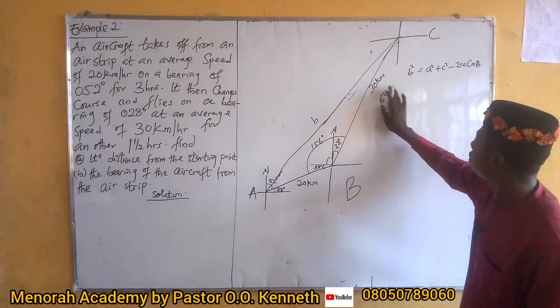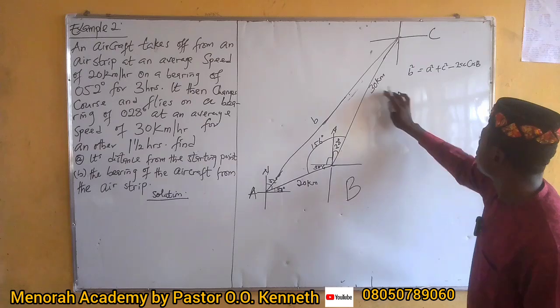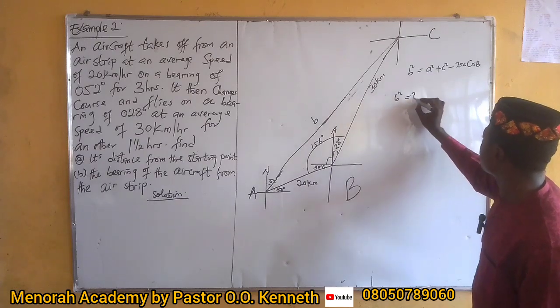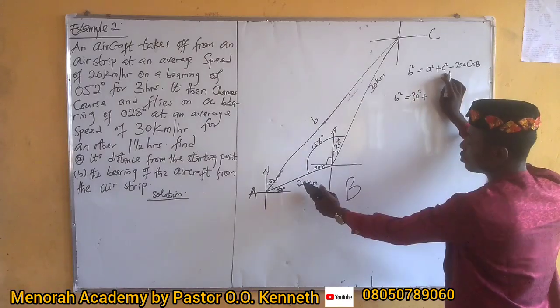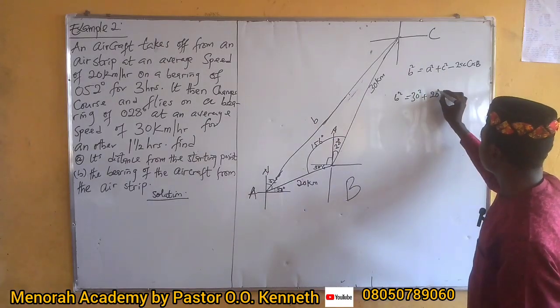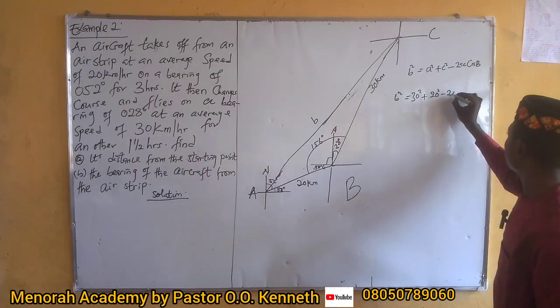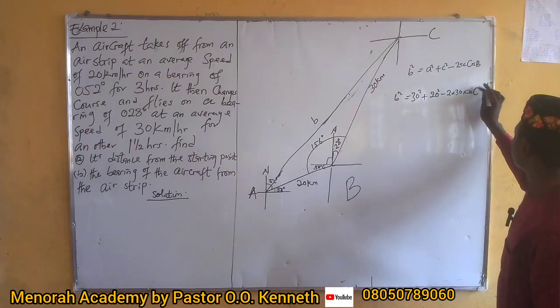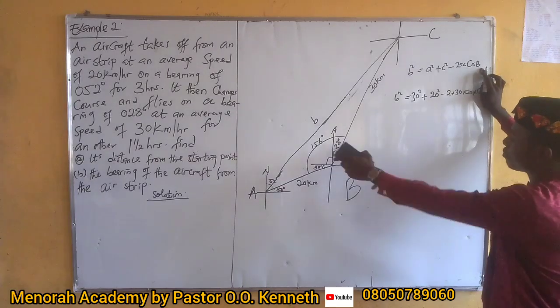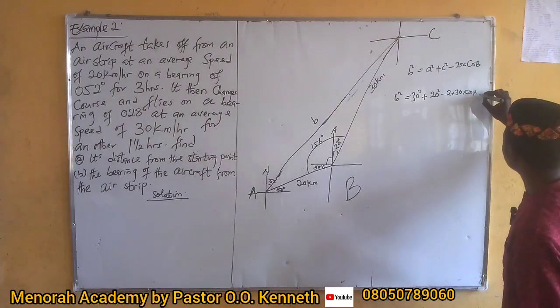Opposite of A is 30, so that is 30 squared. Then plus c, opposite of C is 20, which is 20 squared. Then minus 2 times 30 times 20 multiplied by cos B, which is cos 156. Okay, let me manage this please.